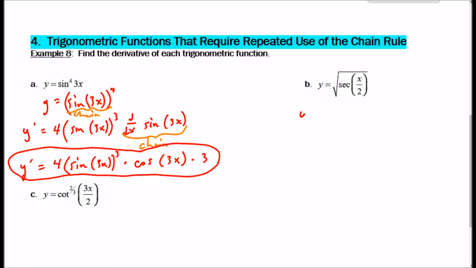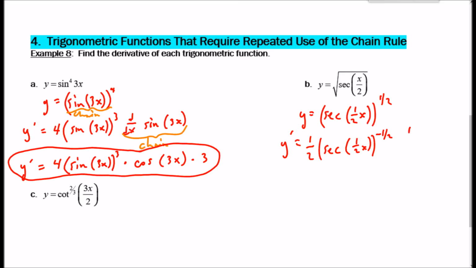Part B, we rewrite it as the secant of x over 2. Actually, I'm going to rewrite the x over 2 as 1/2 x, and then it's all raised to the 1/2 power. Well, the derivative of something to the 1/2 power using the power rule is 1/2 something to the negative 1/2 times the derivative of the something. Right?